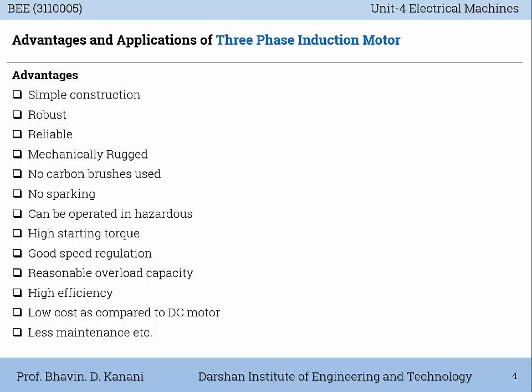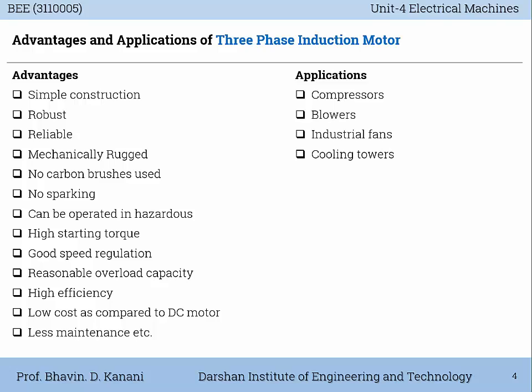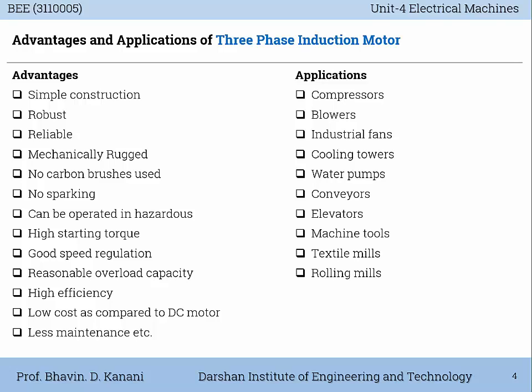Due to all these wide advantages, three-phase induction motor nowadays used in multiple applications like compressors, blowers, industrial fans, cooling towers, water pumps, conveyors, elevators, machine tools, textile mills, rolling mills, grain mills, and so many other industries.